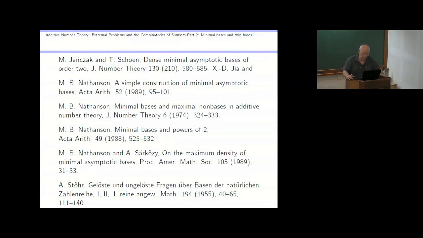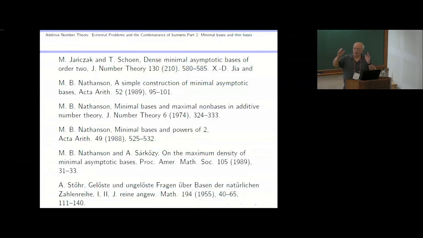And one of the problems that was in this early paper was the following. It was a strange question, but it turns out to be pretty cool. You have the integers. So imagine you have a subset, which is a minimal asymptotic basis. That means if you take away an element, it no longer is an asymptotic basis.